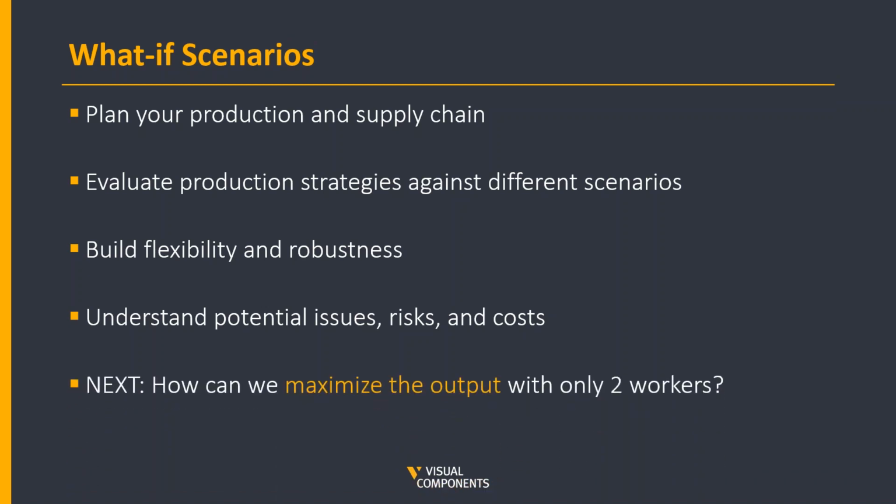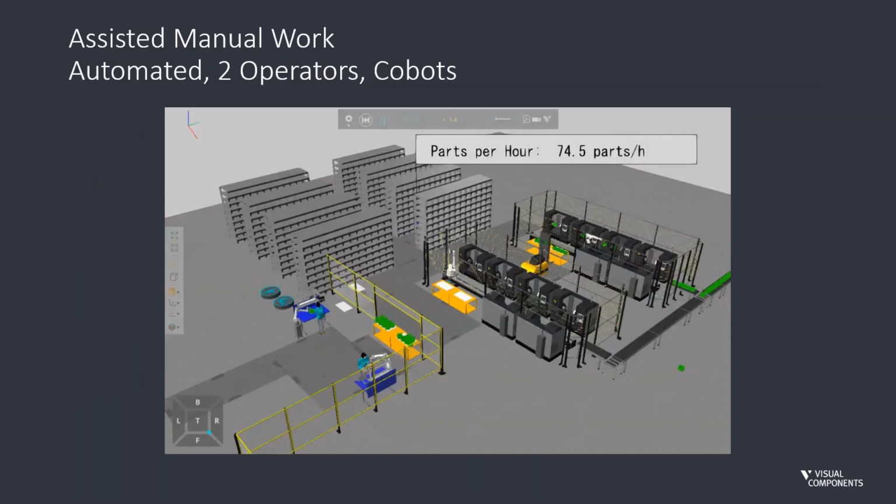So a simple question from that previous layout is, how can we then maximize the output if for some time we only can have those 2 workers in this area due to safety issues? So let's see, one of the ideas could be that in the preparation work, there are a couple of steps that the Cobot could do. So instead of just running it fully manual, we have assisted manual work in a co-working cell with the Cobot.